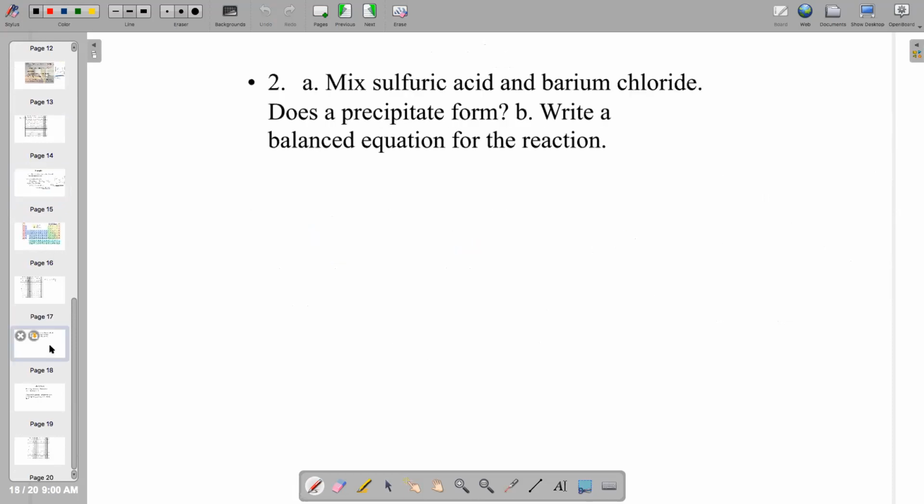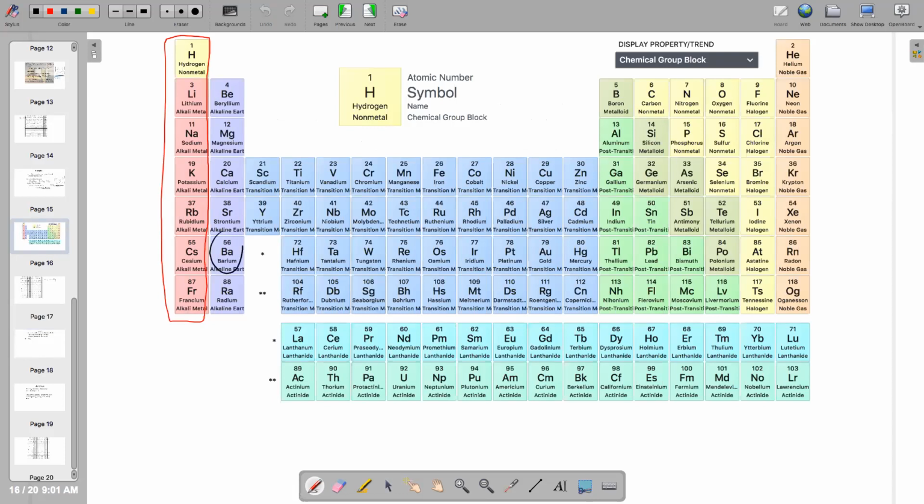All right, so other ones, sulfuric acid, barium chloride. You should be good at writing equations for chemicals now. Sulfuric acid came from sulfate. So sulfuric acid, acids are always H plus, and sulfuric came from sulfate, and sulfate is SO4 2 minus, and barium chloride. So barium is a group 2 element, and chlorine is a group 17 element.